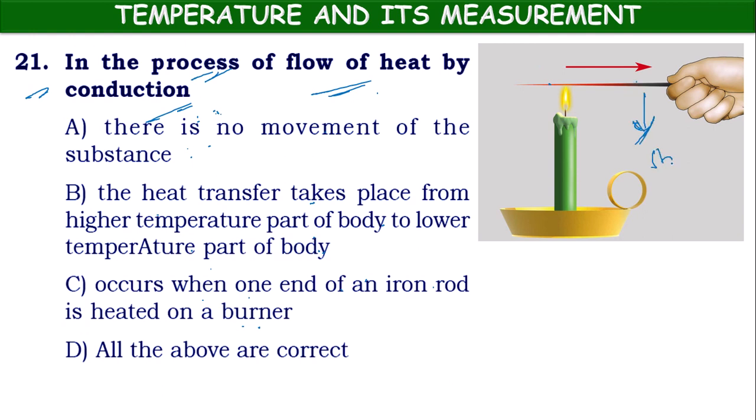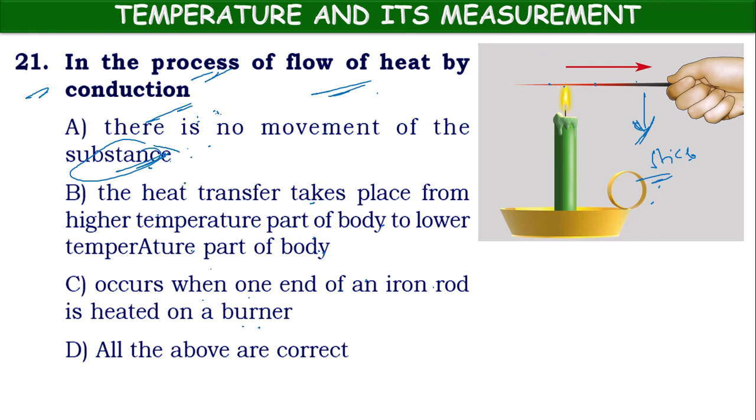are using a stick here, an agarbatti stick. It gets heated, but we are not moving the stick here actually. So directly it gets heated. There is no movement of the substance. Without the movement of the substance, the heat can pass through all parts of the agarbatti stick.